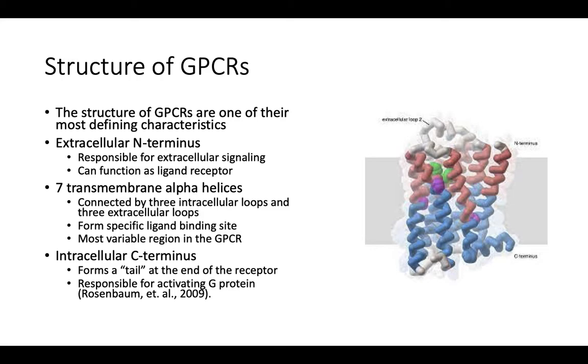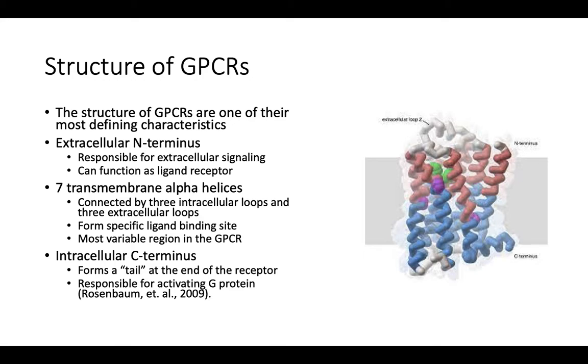It's responsible for extracellular signaling within the body, so all the interactions with other cells, the N-terminus is very often involved with that. It also functions as a ligand receptor, a place that has a very high affinity for certain chemicals, also known as ligands, which will bind to that receptor and start this chain reaction of events that lead to the second messenger response.